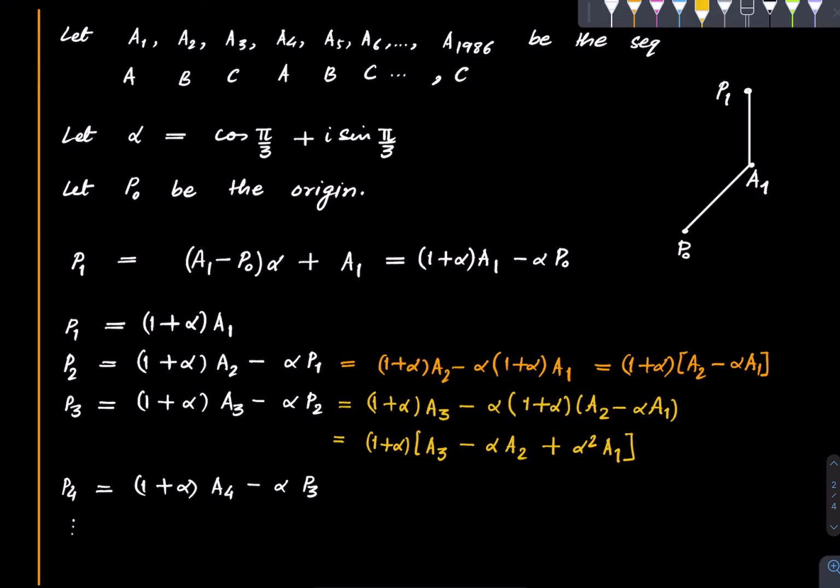And if you just keep going, you can detect a pattern here. So PK, or let me just directly write P1986. P1986 will turn out to be, let's say K is equal to 1986, so PK would then be 1 plus alpha AK minus alpha AK minus 1 plus alpha squared AK minus 2 minus alpha cube AK minus 3, and so on.